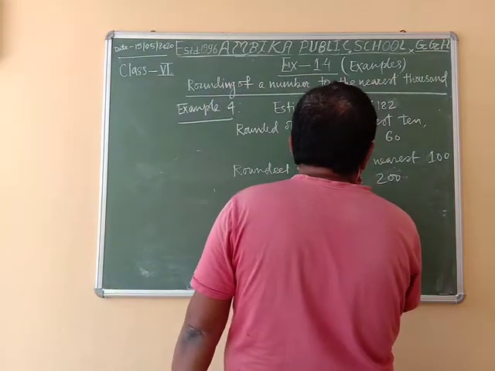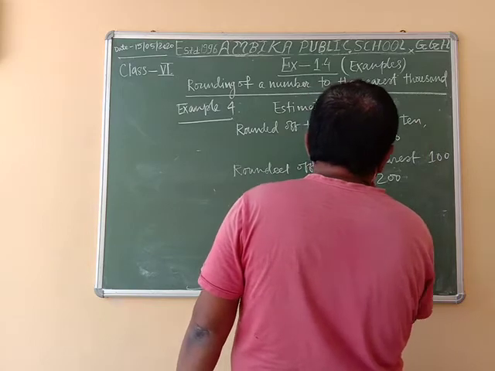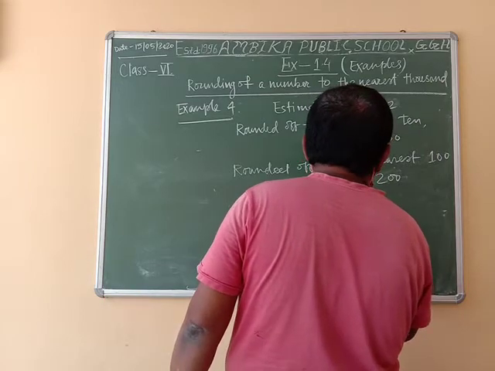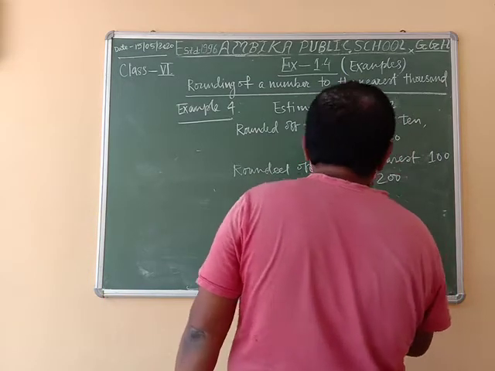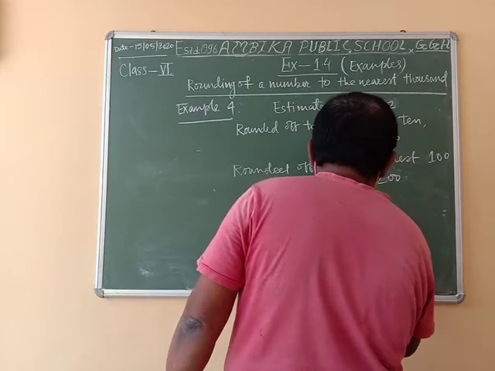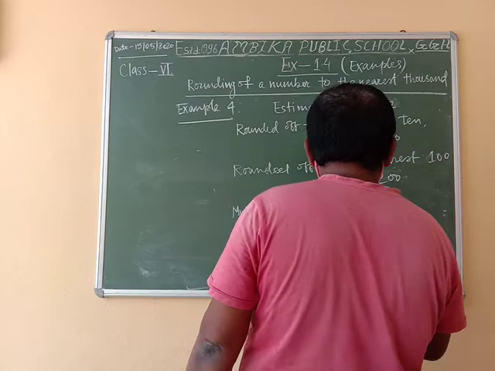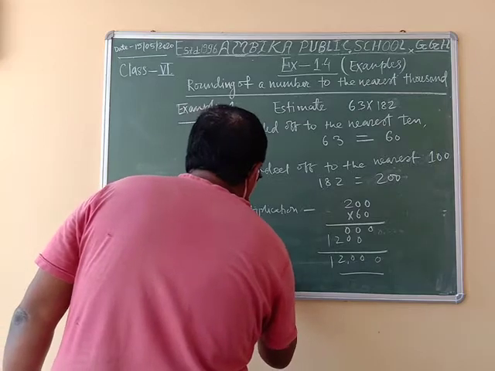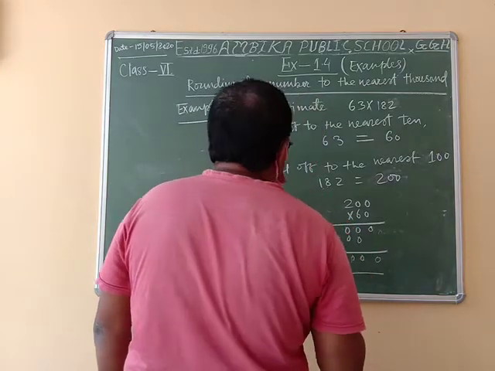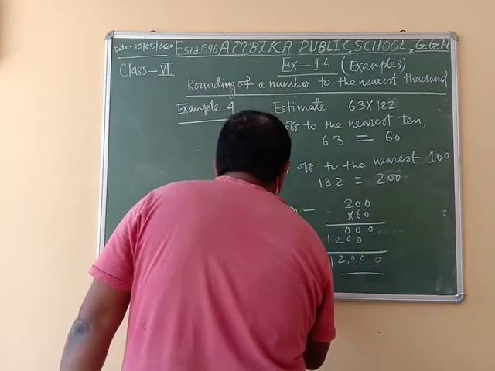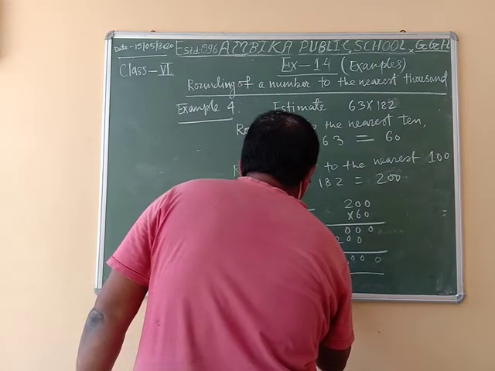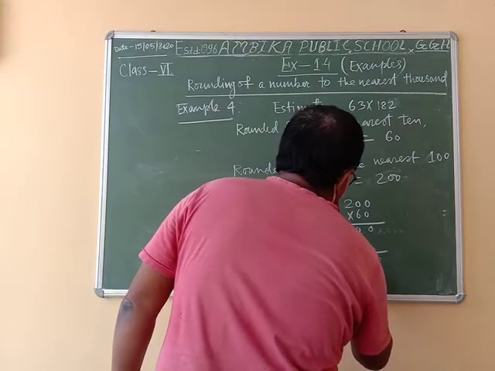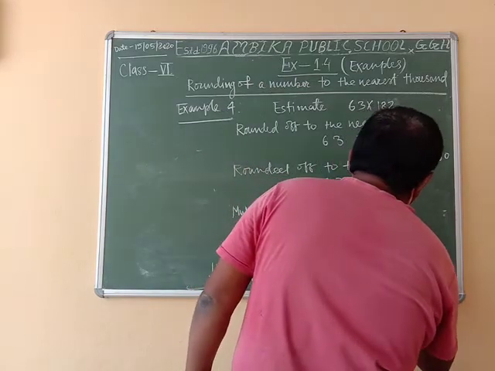Multiplication: 200 into 60 is equal to 12,000. Hence the estimated product is equal to 12,000.